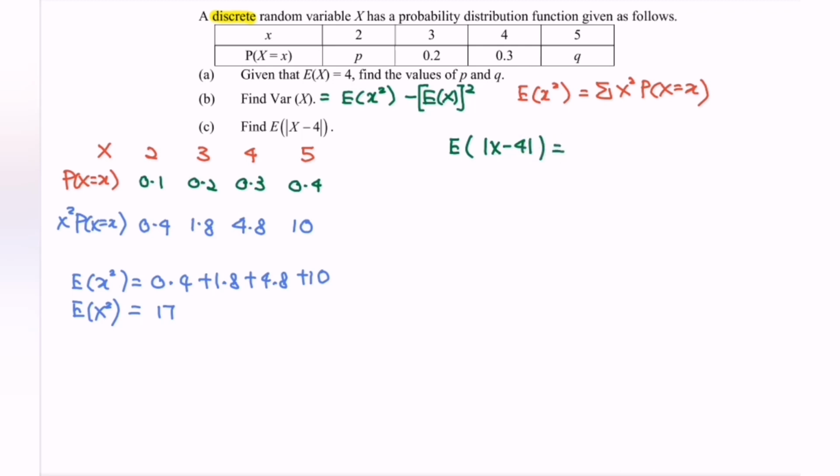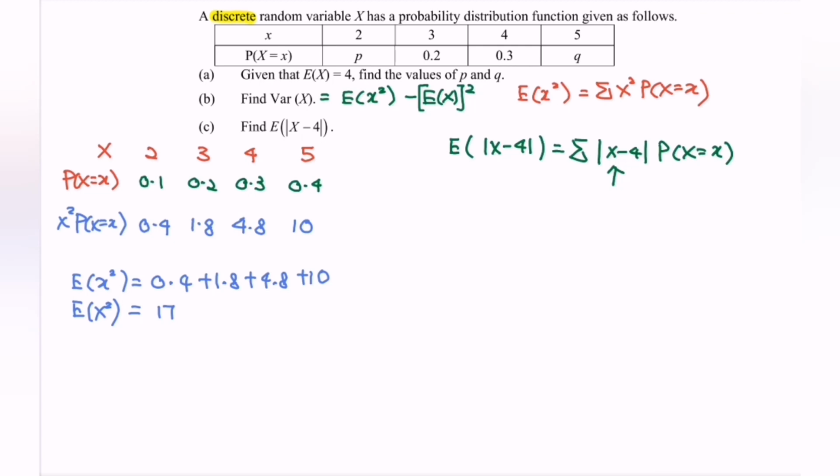Based on the situation, we have the summation of modulus x minus 4 multiplied with the probability. So kindly focus on this part. Let's say we have 2.